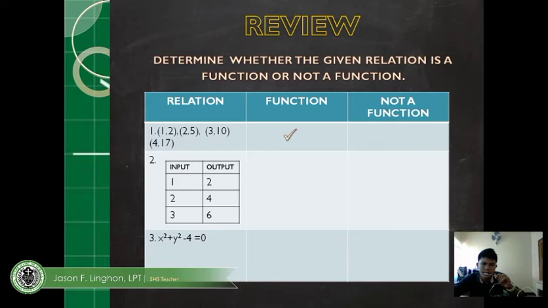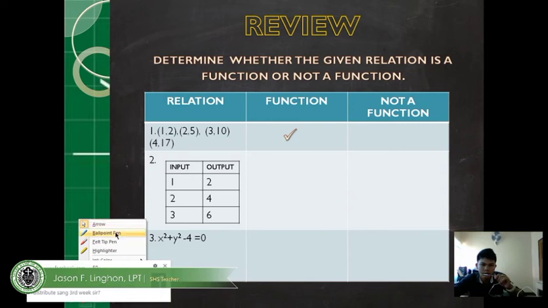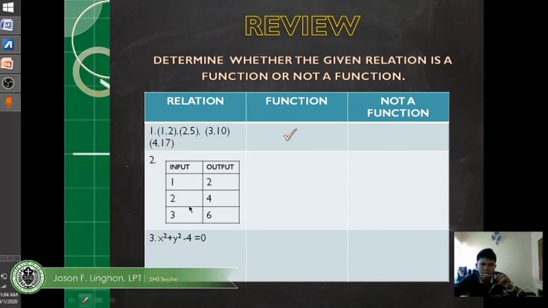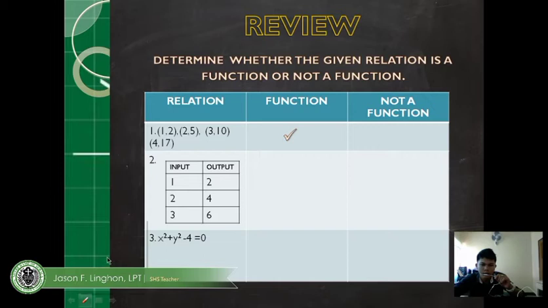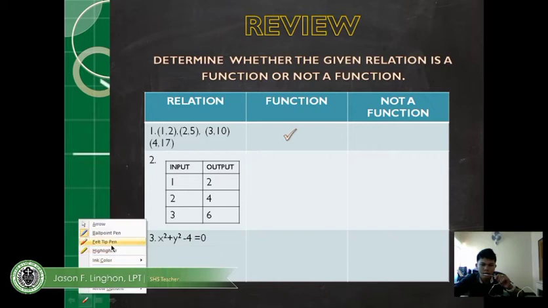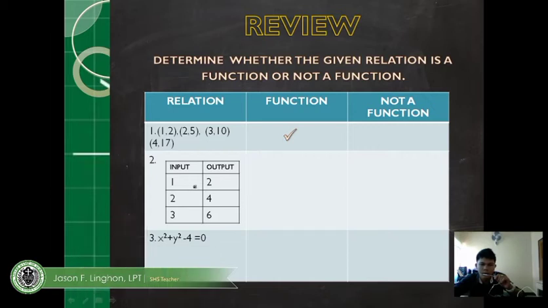Next, the partner of the input 1 is 2, 2 is 4, 3 is 6.